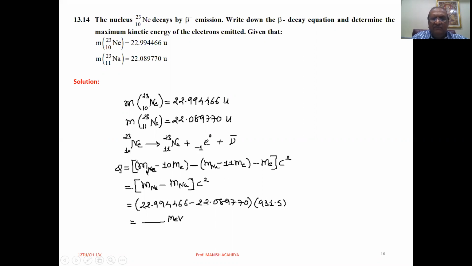So here we can write the left-hand side mass: the mass of Ne minus the mass of 10 electrons. For the right-hand side, minus the mass of Na minus 11 electron masses, and minus the mass of the emitted electron, into c square. So minus 10me minus me, total 11me, and minus minus gives plus 11me. Resultantly we get the mass of Ne minus the mass of Na into c square. Substitute the values of masses and directly multiply by 931.5. You will get the Q value of the equation.